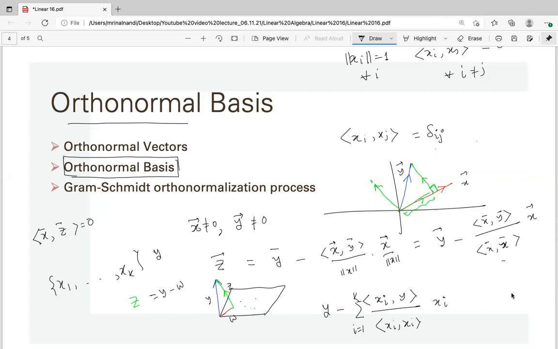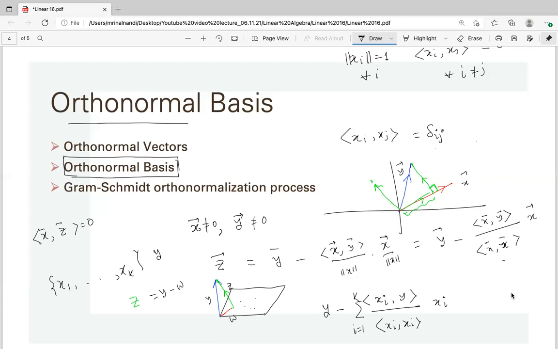So this projection, this component on the subspace, is nothing but the sum of the components along each basis vector. This beauty comes from orthogonality. If it is an orthogonal set, you just find the component along each basis vector and add them, and you get the component on the whole subspace.